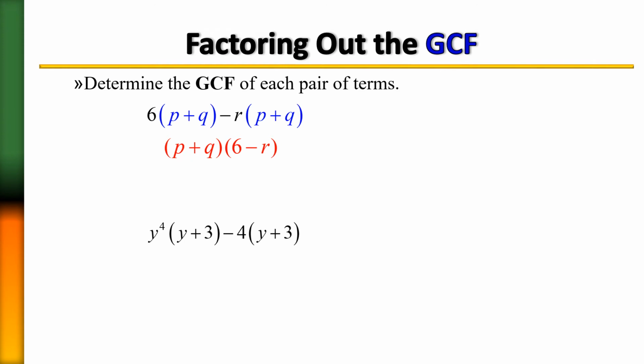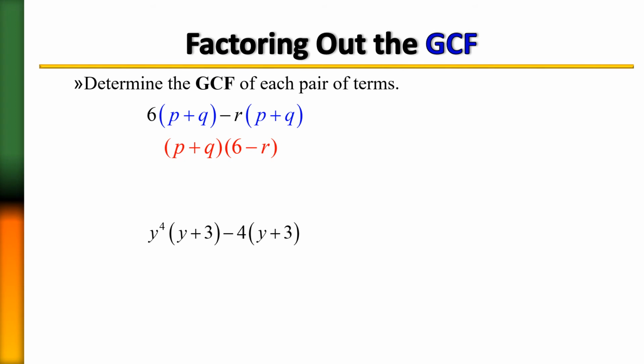It does not matter as long as you keep the groups together. The P must be with the Q and the R must be with the 6. And that is how you factor a pair of terms.